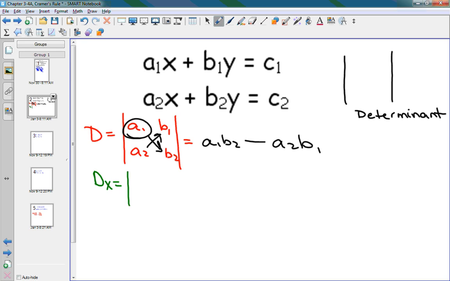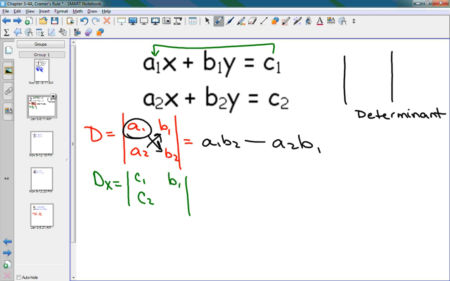Now, I need bars, just like I did over on the D, but this time I'm going to get rid of the coefficients of my x's, and in place of them, I am going to place my constants. Am I changing my columns? No, I'm simply swapping my C's in instead of my A's. So I'm going to have C1 over C2, and then I'm going to keep my Y coefficients.